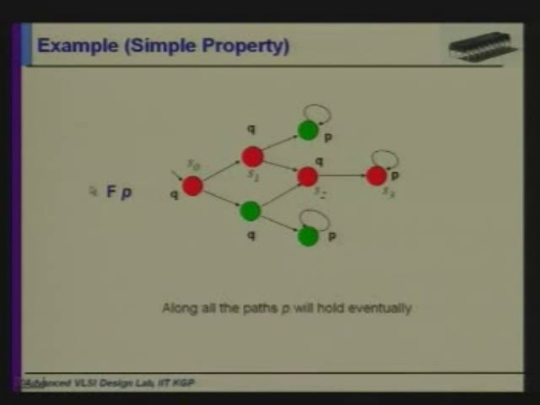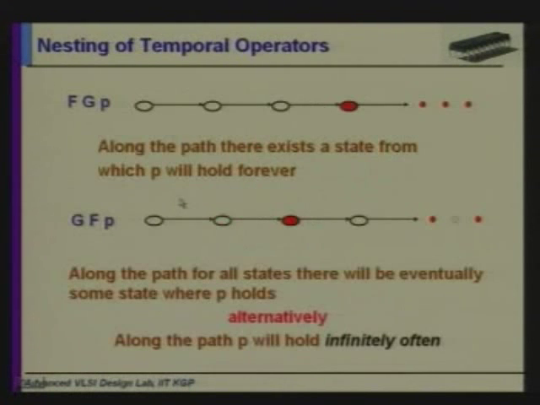For this property F p, along this path, p is holding here, so F p holds along this path, this path, this path. One thing we need to remember: when we write only F p, only G p, these are linear time properties, since we are interpreting the properties over a single path.